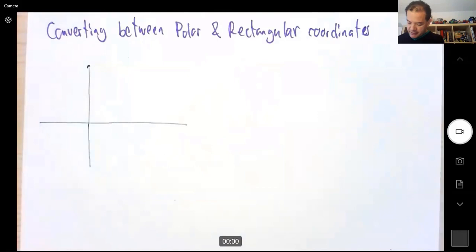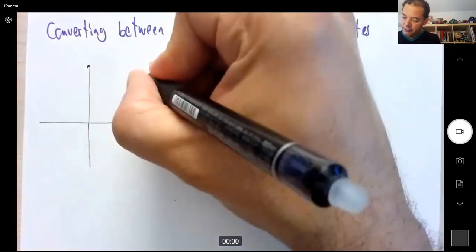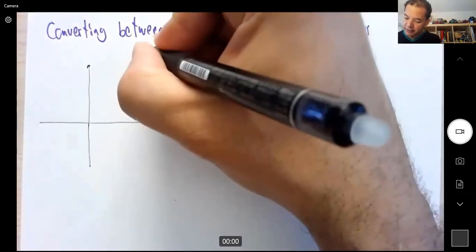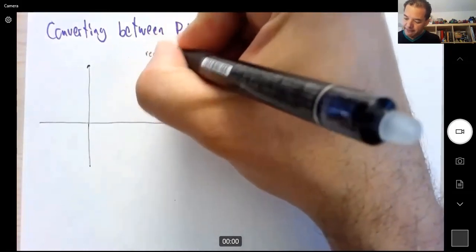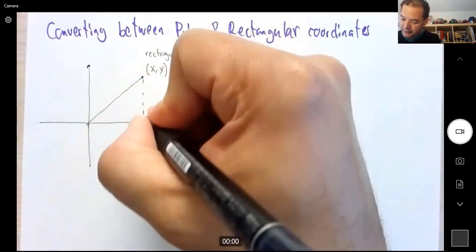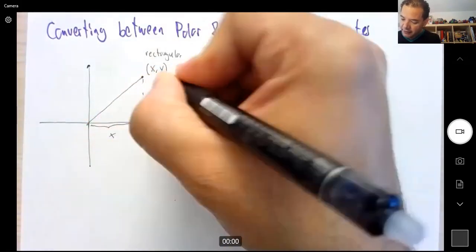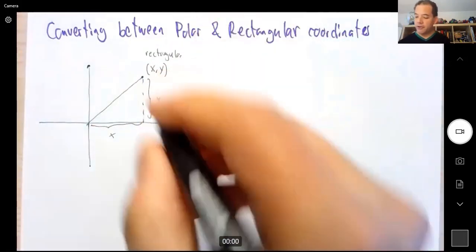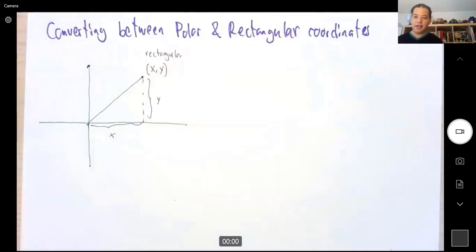When you have a point with regular coordinates x, y, these are rectangular, what you know is that this is x and this is y, with the appropriate signs. I chose a point in the first quadrant, and things could be harder in a different quadrant, but it's just to give you an idea of how it works.